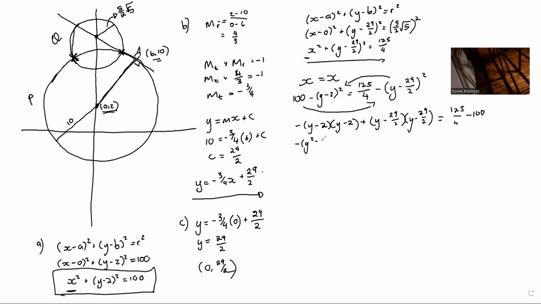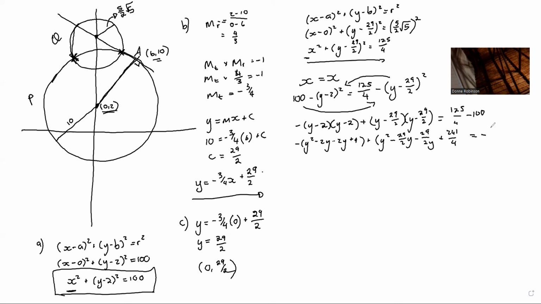Y squared minus 2y minus 2y plus 4 plus y squared minus 29 over 2y minus 29 over 2y plus 241 over 4 equals 125 over 4 minus 100.